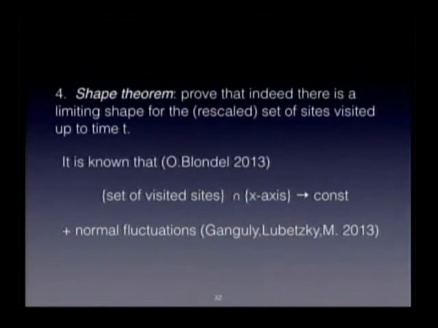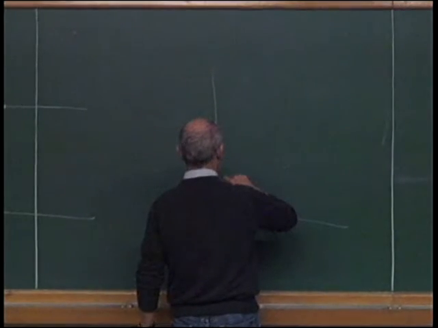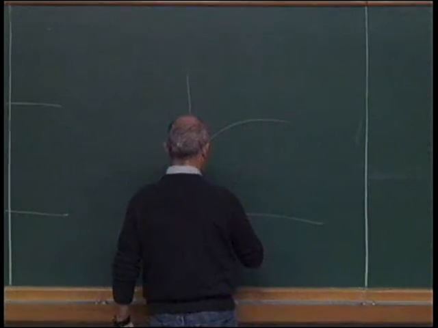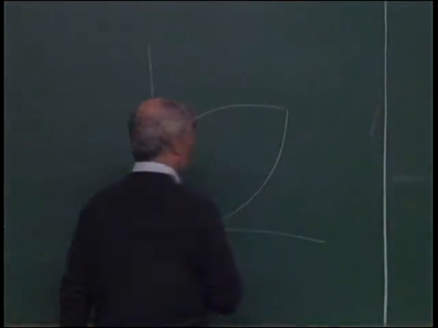And finally, maybe the most ambitious result is to prove a shape theorem, namely prove that there is a limiting shape for this rescaled set of vertices visited up to time t. And so what we know now about this, so this shape was something like that if you really look carefully, okay?